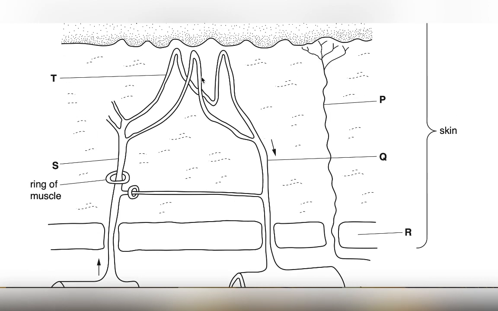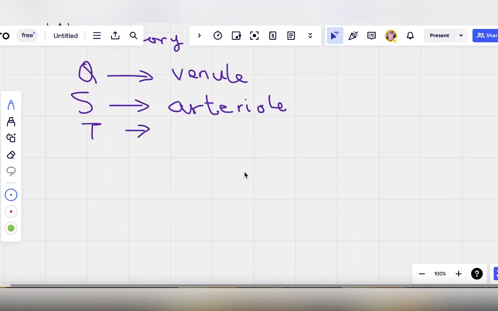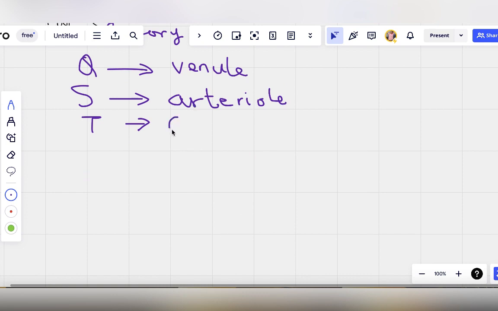And this one is capillary. Is that okay? So T is capillary.